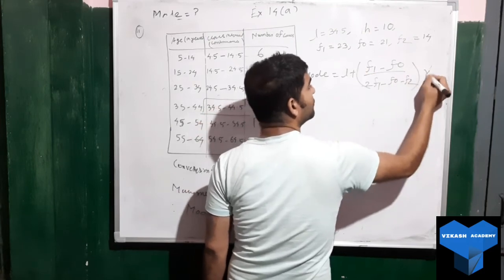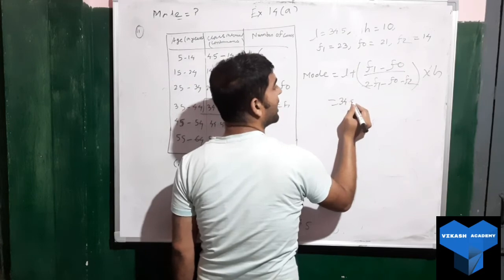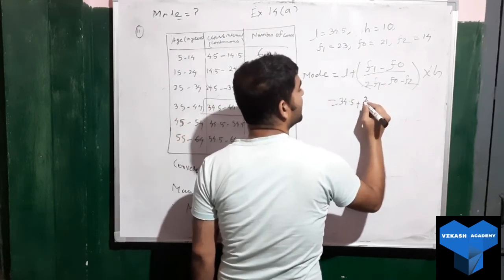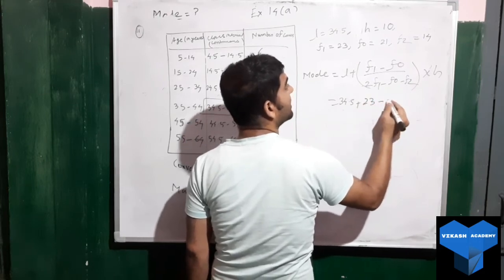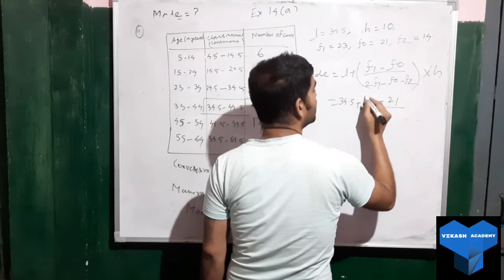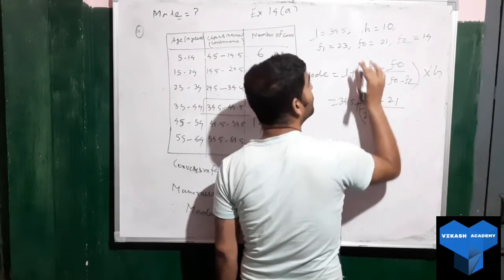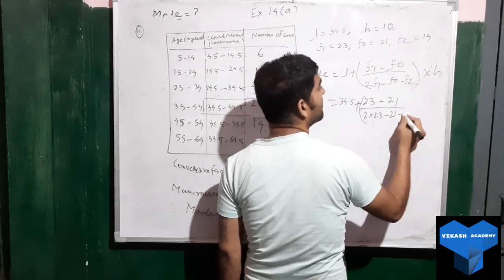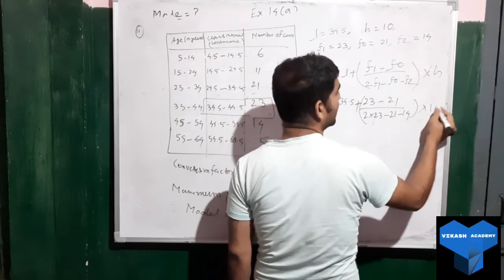Put the values. L we have 34.5, plus F1 is 23 minus F0 21, divided by twice F1, so 2 into 23, minus F0 which is 21, minus F2 which is 14, into h, which is 10.